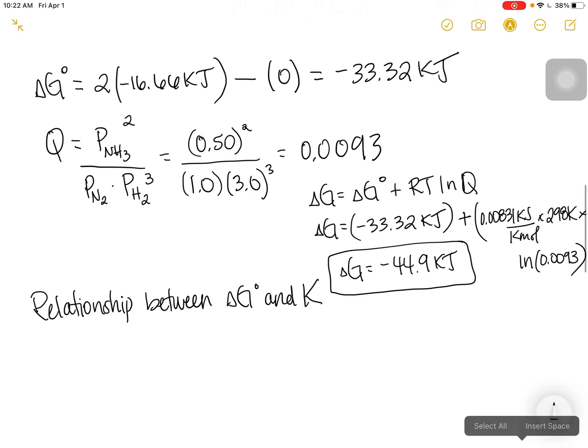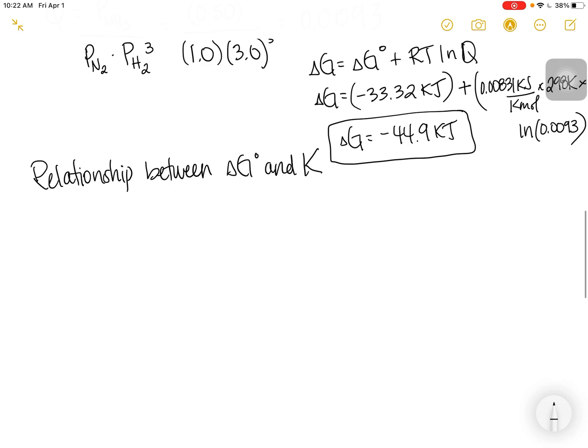And then the second part of this discussion is the relationship between delta G and K. So here's my formula that we've been working with. Let's talk about a couple things.